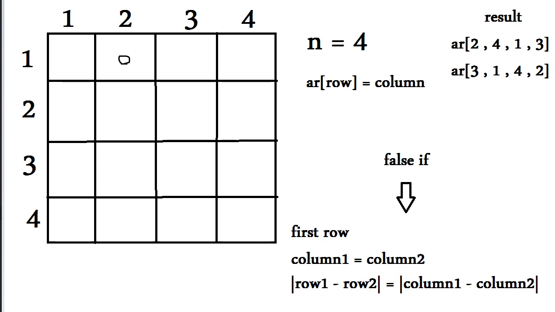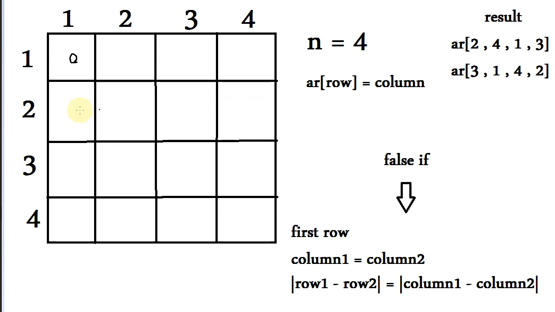Now, before I start the code, I'm gonna tell you how the code acts. First, it will place the queen in here. Because it's the first row, it has no problem.